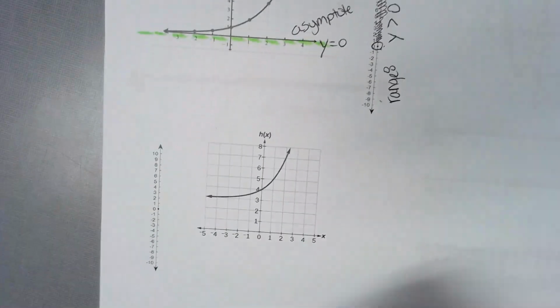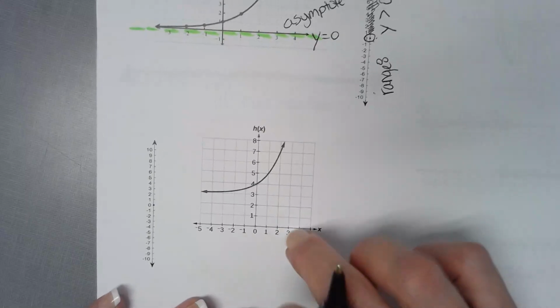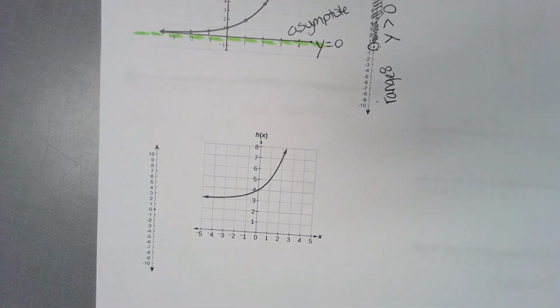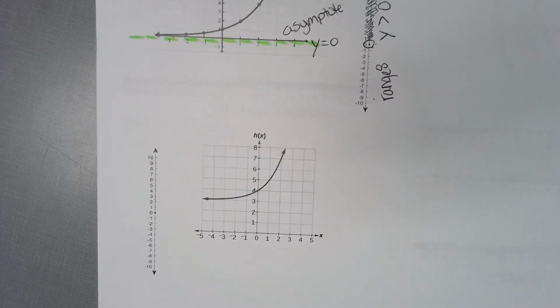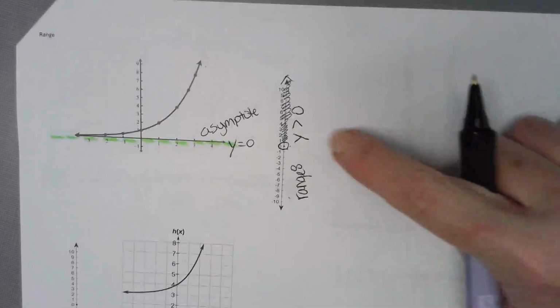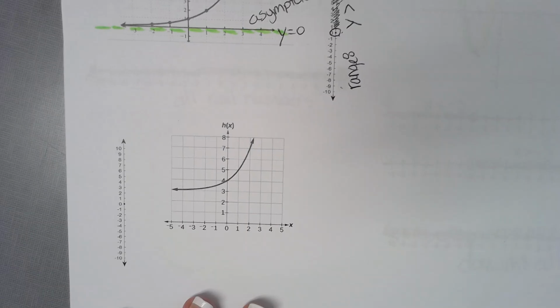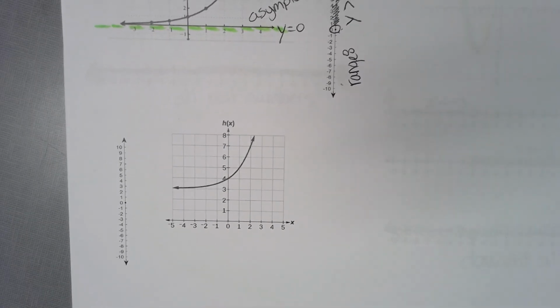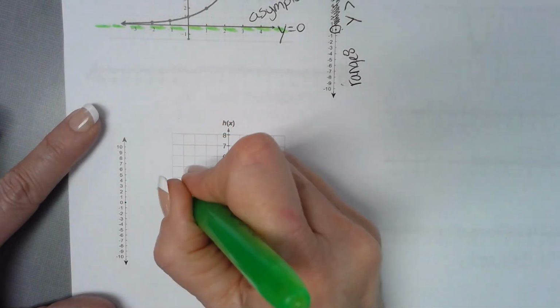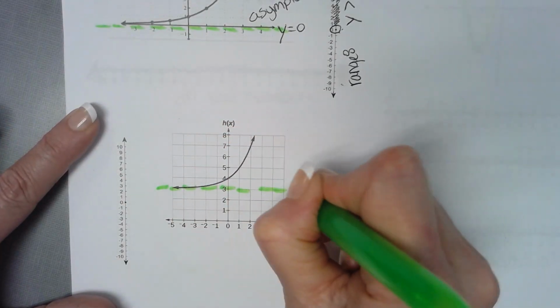Okay? I bet you guys can now tell me what this range is. I bet y'all can tell me what that one is. This one is y is greater than 0. What's that range? Y is greater than 3. There is an imaginary borderline here at 3.